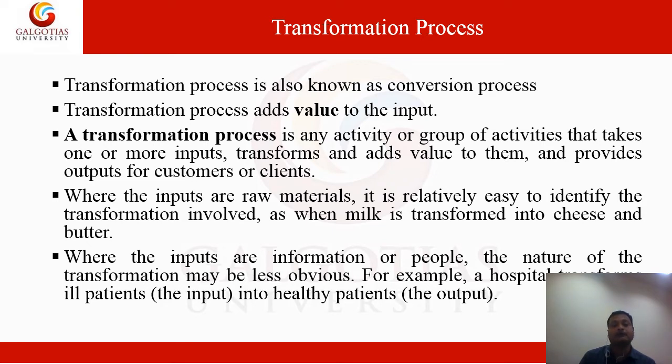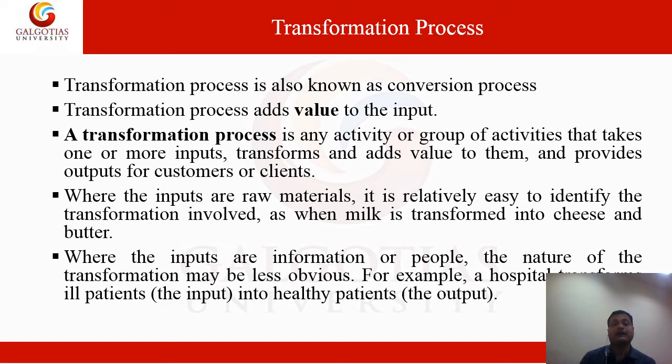But in the second example, the transformation process is a group of activities. So by considering these two facts, we can define the transformation process as any activity or group of activities that takes one or more inputs, transforms and adds value to them and provides output for the customers.